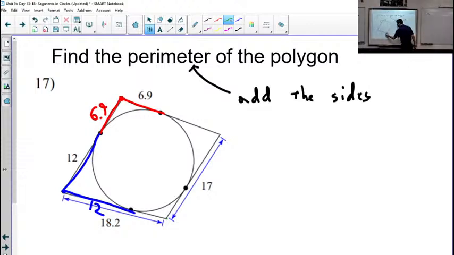Here's the point out here outside the circle. And so these two pieces have to match. Well, I don't know what either of them are, but I can get this one down here because this whole thing is 18.2 and this part is 12. That leaves the rest of it in green. The rest of it needs to be 6.2 by subtracting. Oh, and those two in green have to match. So since this is 6.2, this is also 6.2.